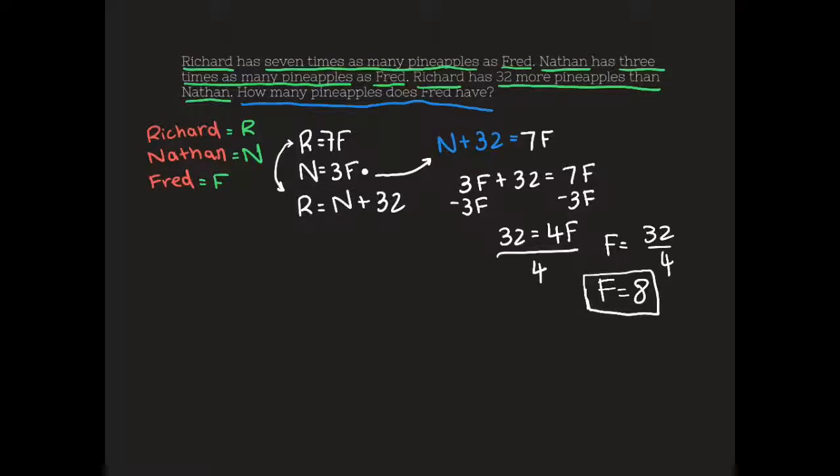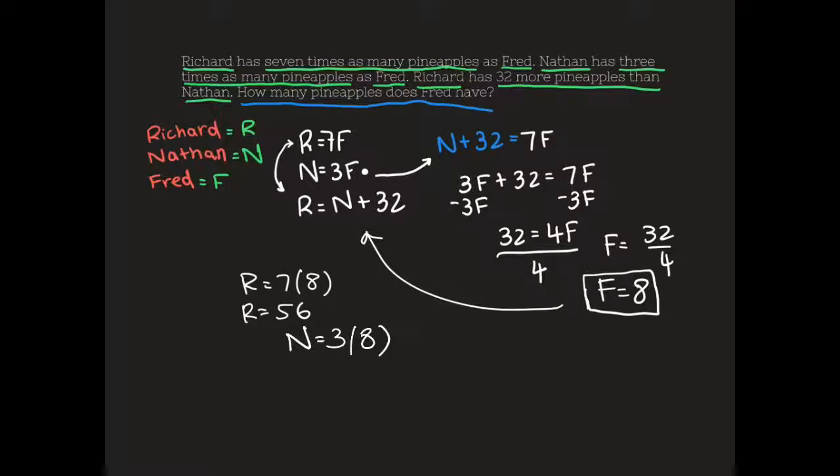We can go ahead and check that if we want. We'll plug this F back into our original equations. Richard equals 7F, and F is 8, so 7 times 8: Richard has 56 pineapples. We take our Fred amount and put it into Nathan's equation: N equals 3 times 8, which is Fred's amount, so N equals 24.